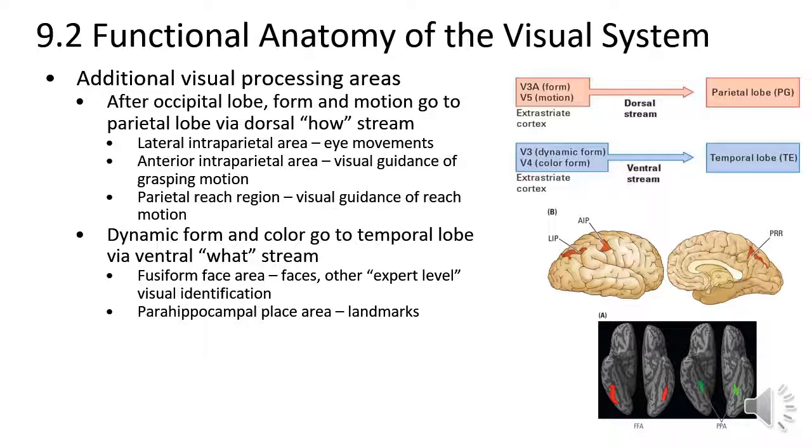The information about motion, form, and color goes to the temporal lobe through the what stream, the ventral stream. And two big, well-known areas here are the fusiform face area, which codes for faces and other expert level visual identification, and then the parahippocampal place area, which codes for landmarks like houses, buildings, mountains, things like this.